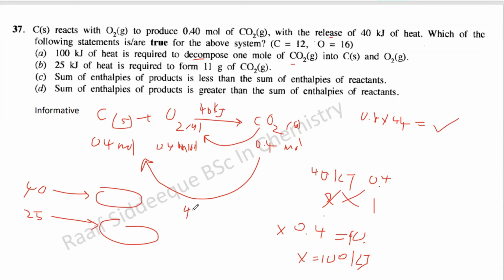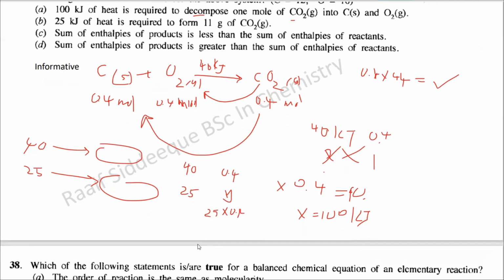So 40 kilojoule gives 0.4. So for 25, let's say y, for an example. So you see here, 25 into 0.4 over 40.